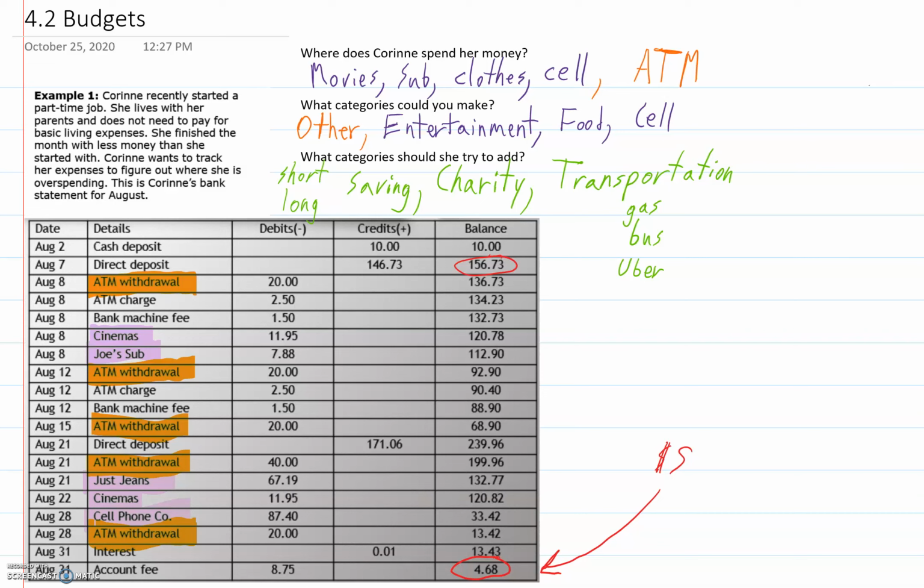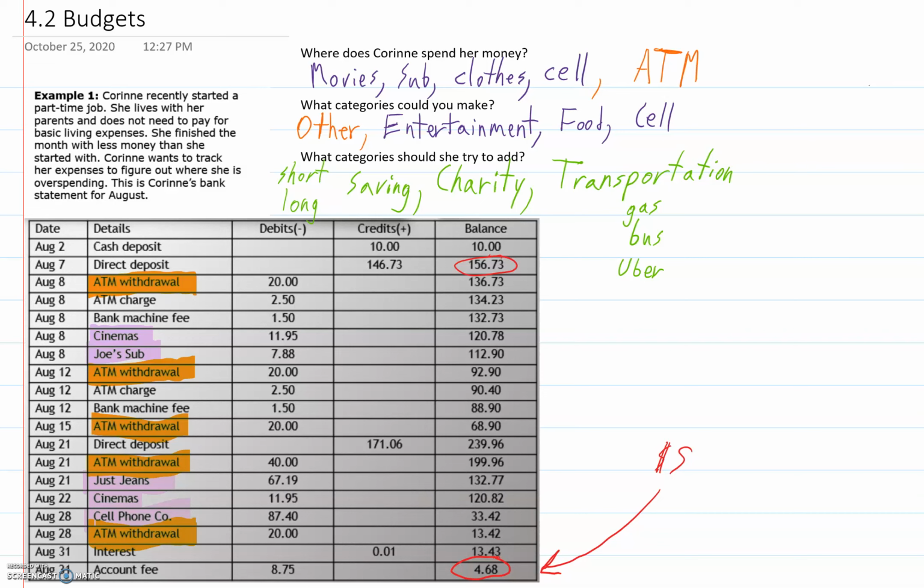The amount of money that she spends that she doesn't know where it goes is a real problem. She's taking out money with the ATM withdrawal and she doesn't know where it's going. And so she's just using money, and by the end of the month, she doesn't even remember what's going on. So this is important. So maybe what she could do is take out one ATM withdrawal at the beginning of the month, and then try to use her card for the few times when she needs to.